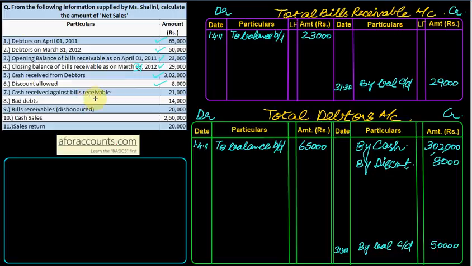Now cash received against bills receivable means cash is coming in against your bills receivable. So cash account debit to bills receivable. In the bills receivable account, 'to bills receivable' can never come. So by cash, that is 21,000.